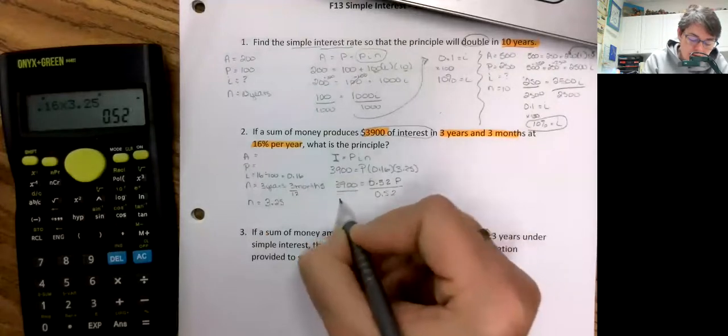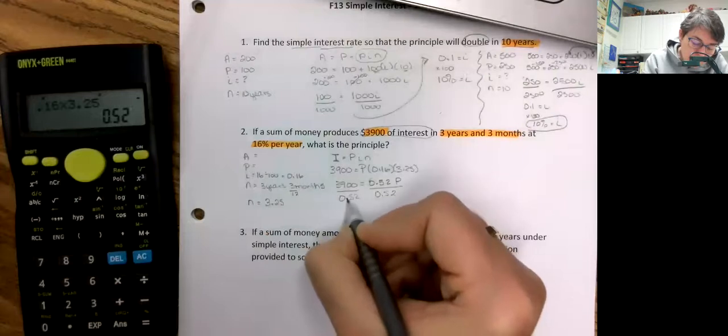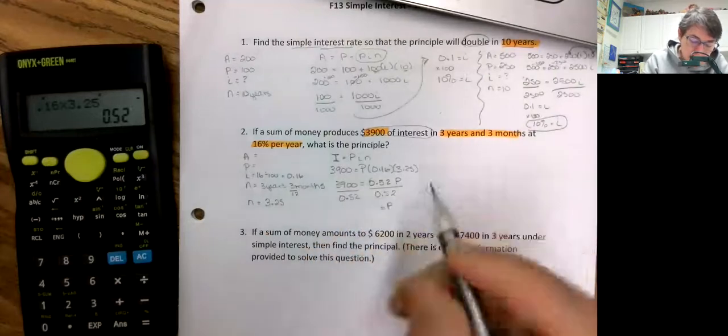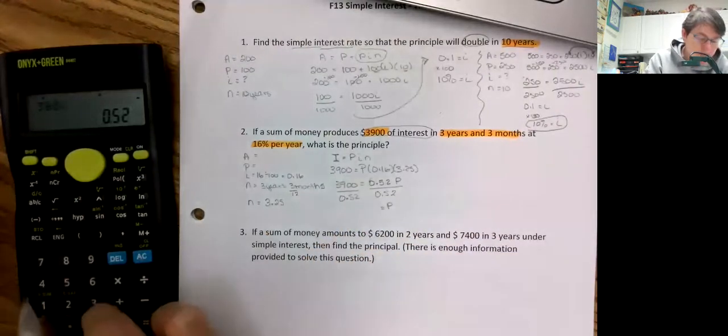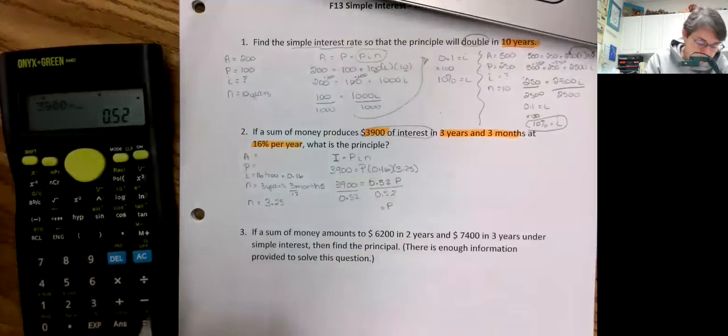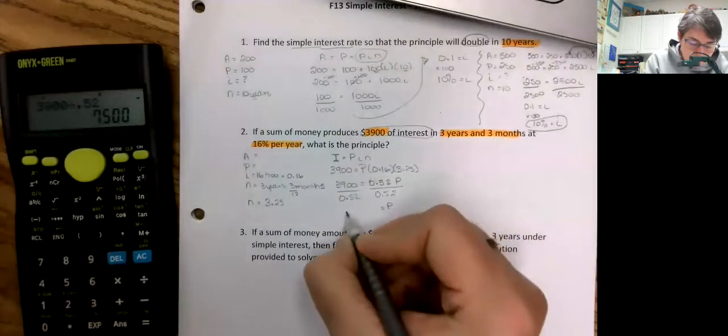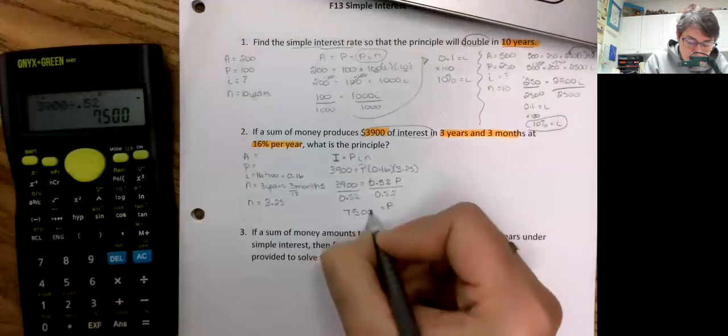So P, 3,900 divided by 0.52 is going to give us $7,500.